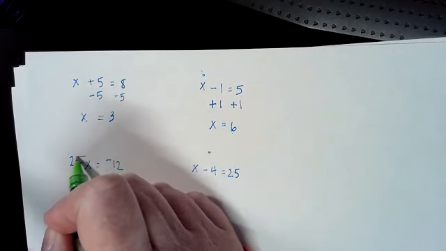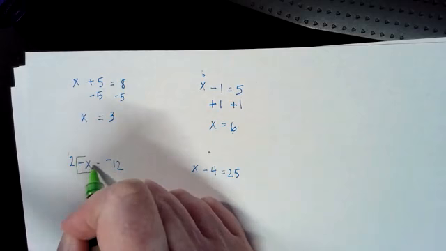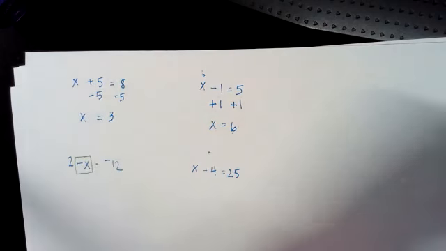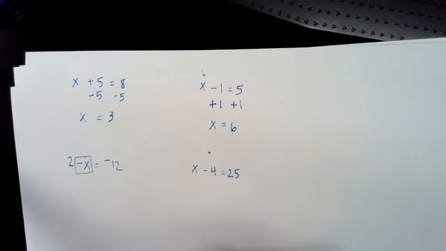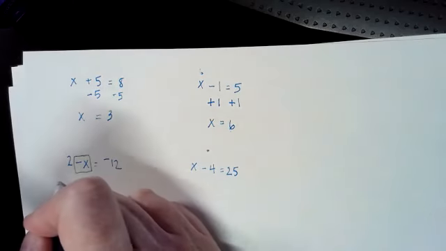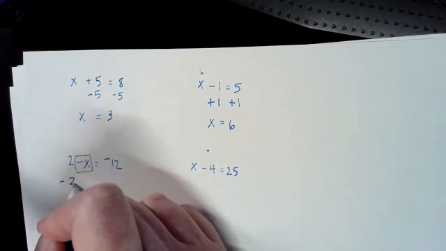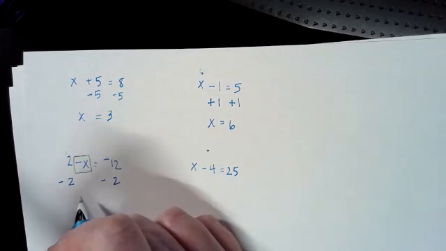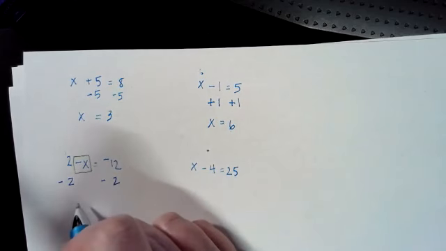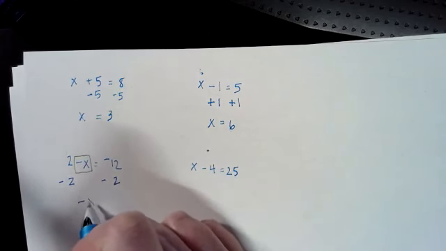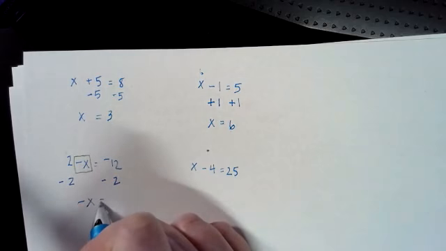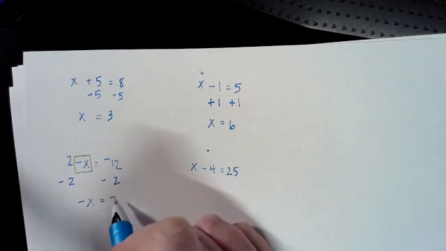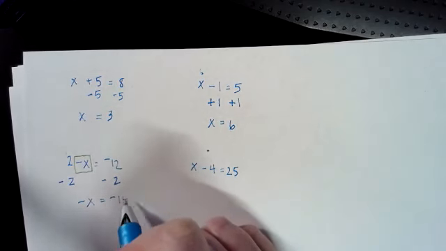So here, that negative sign belongs to the x. That means we need to get rid of that 2, and that 2 is positive. So we're going to take away 2. And then we're going to take away 2 on this side. That leaves us with negative x equals negative 12, and negative 2 is negative 14.